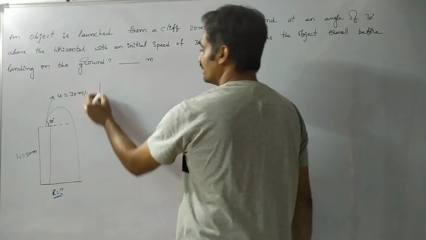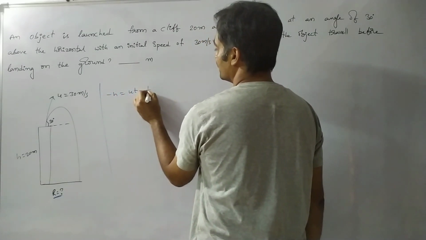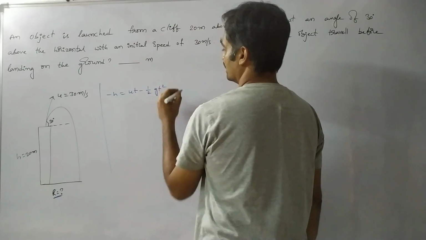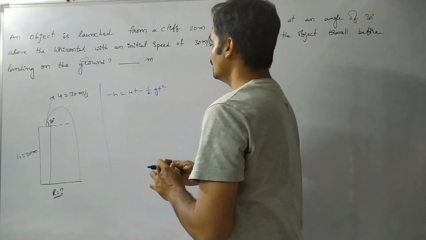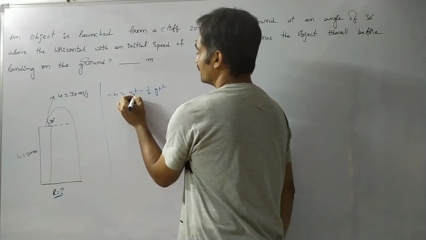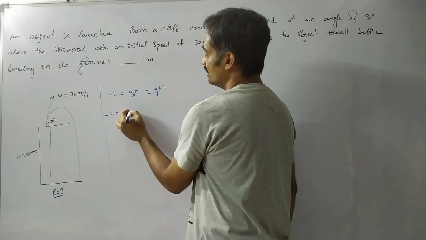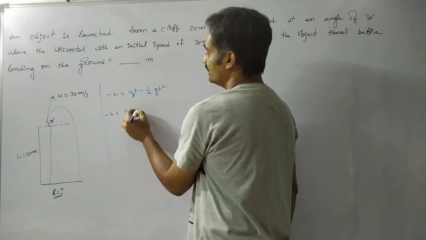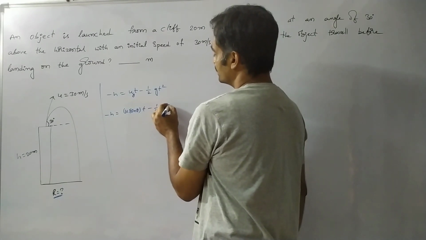So we consider the equation minus h is equal to ut minus half gt square. Whereas this velocity represents along the vertical axis, so it is represented as u suffix y into t. Then we have minus h equals u sin theta into t minus half gt square.